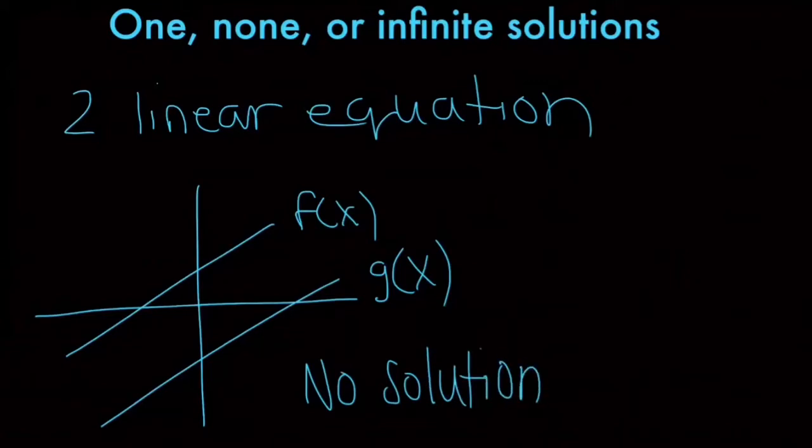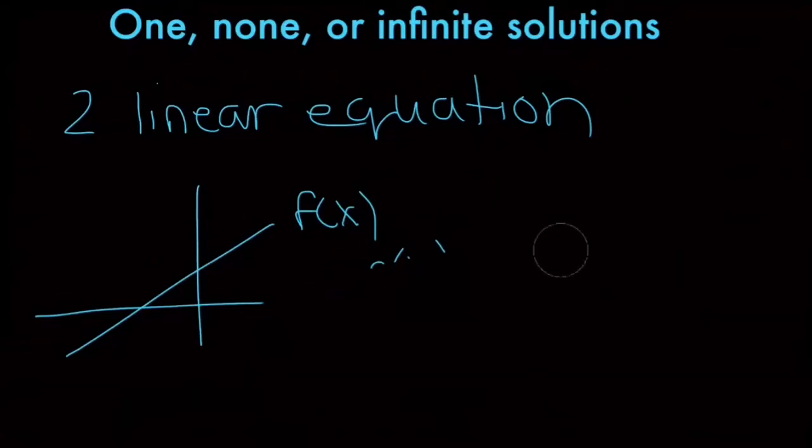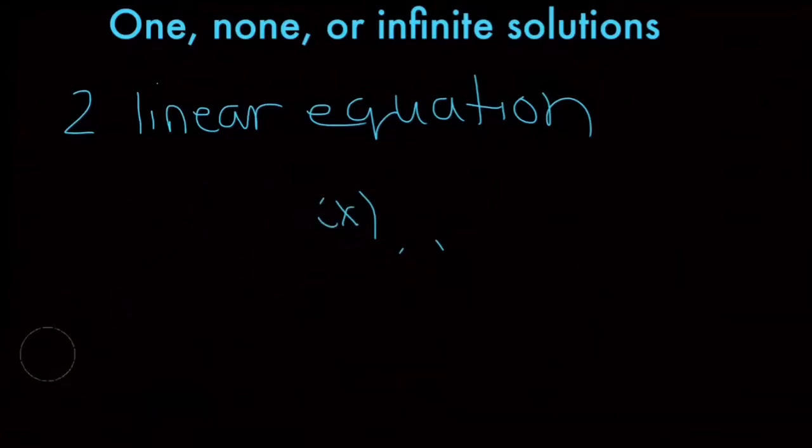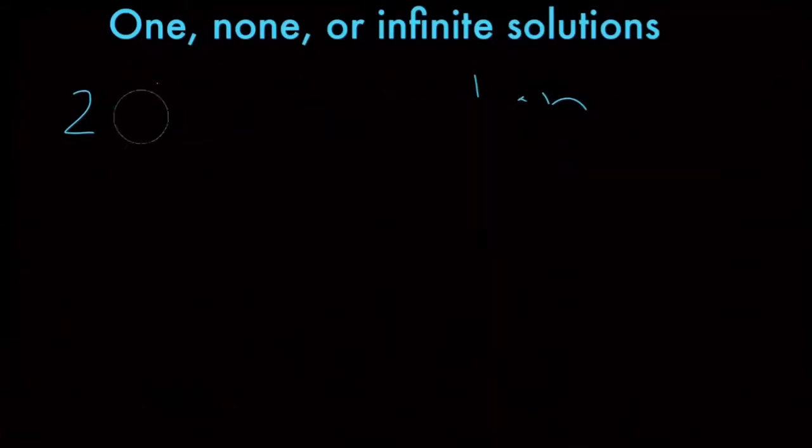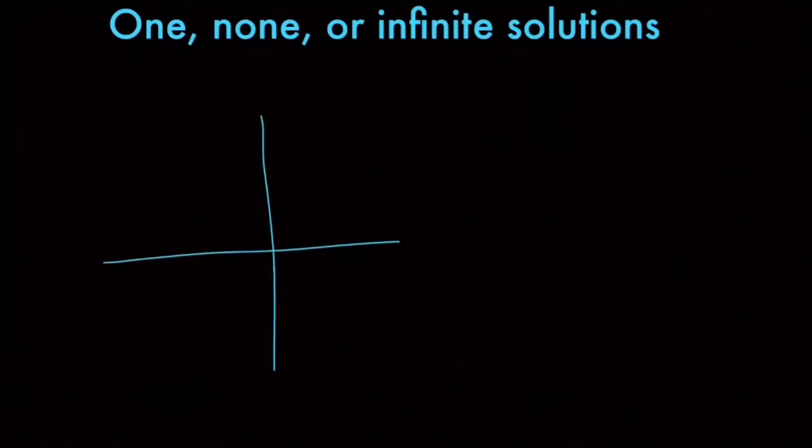Lastly, the last case is infinite solutions. So this can happen when we have a graph and they give us f of x here and g of x.